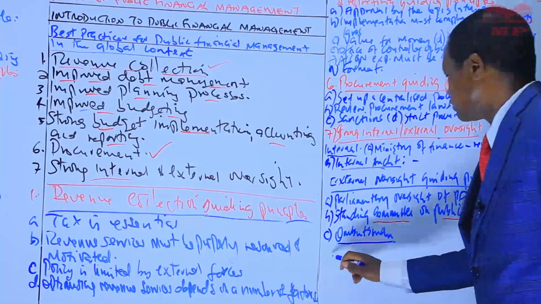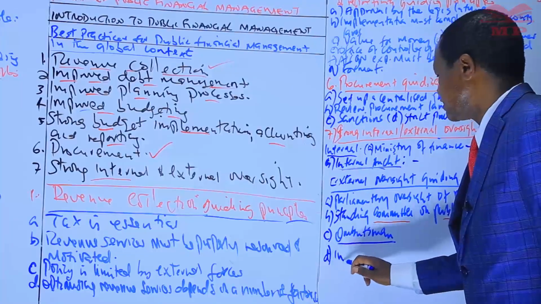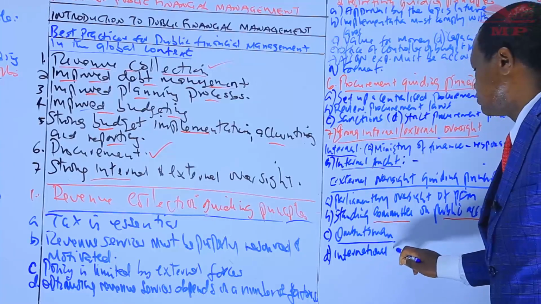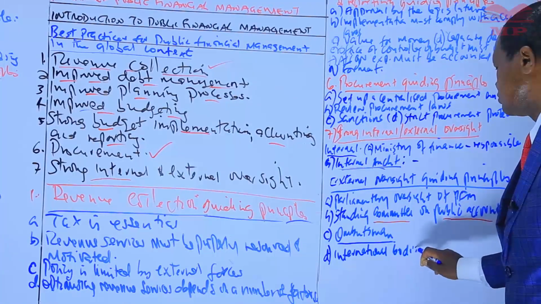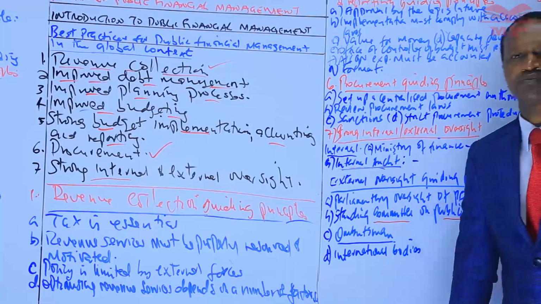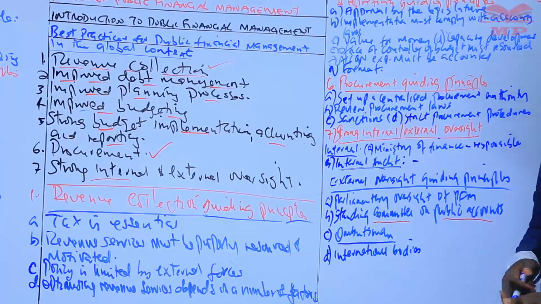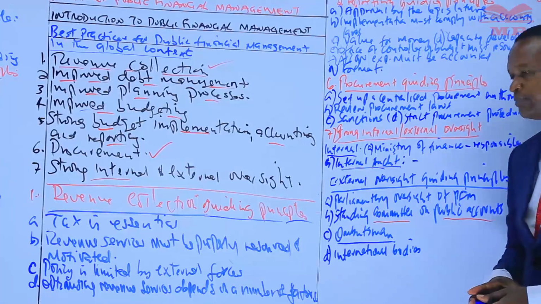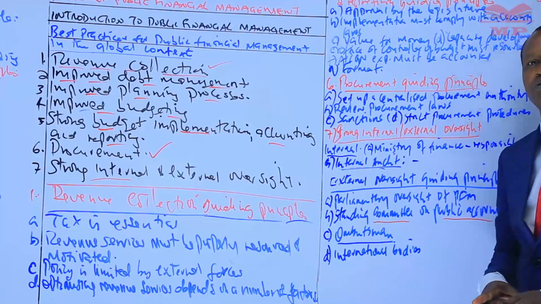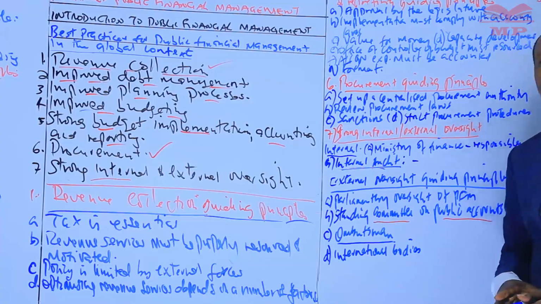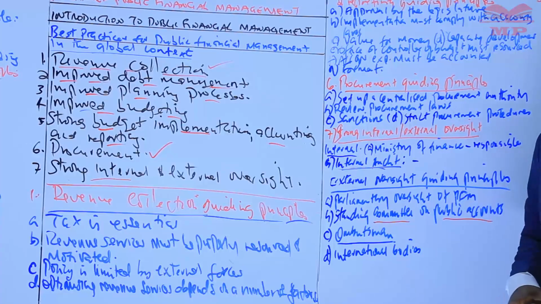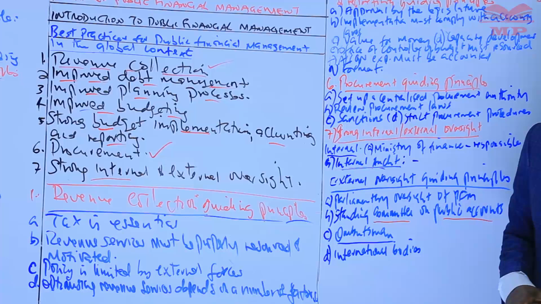External oversight can also be from international bodies. International bodies like the IMF, like the Transparency International, like the Bank of International Settlements. We may have external oversight from IOSCO.